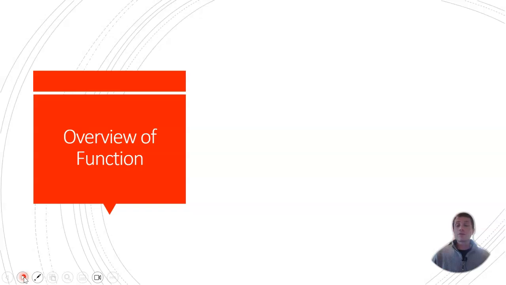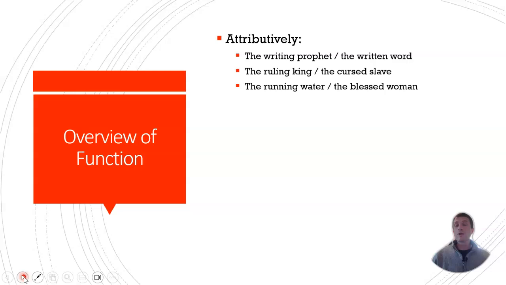Now, in terms of function, in English, we can use participles in three different ways. First, they can be used attributively, that is, to take the place of an adjective. So here we have the writing prophet. In this sentence, writing is the participle, but it's really functioning like an adjective. The writing prophet, or the written word.